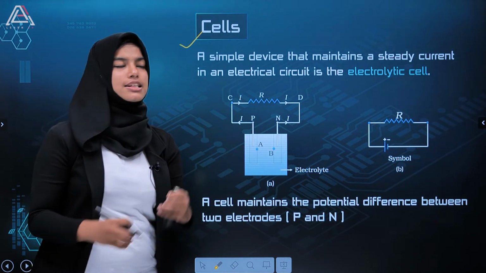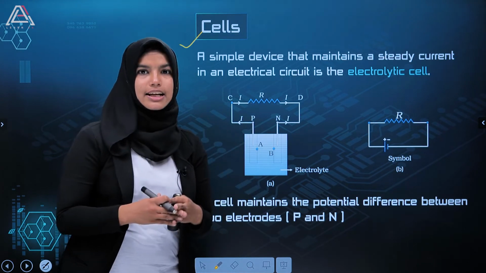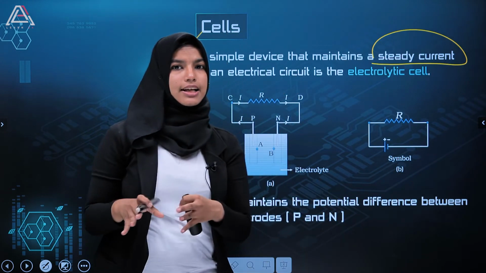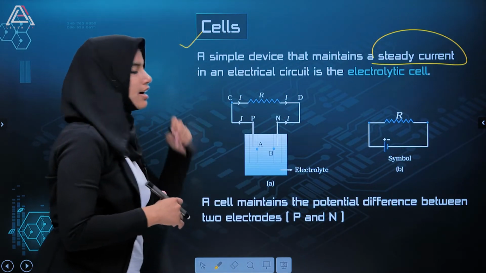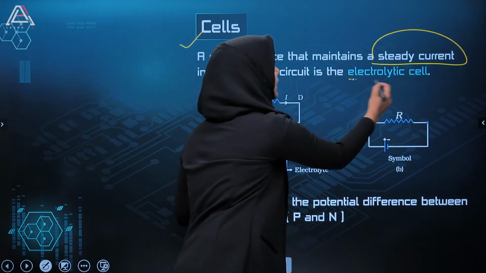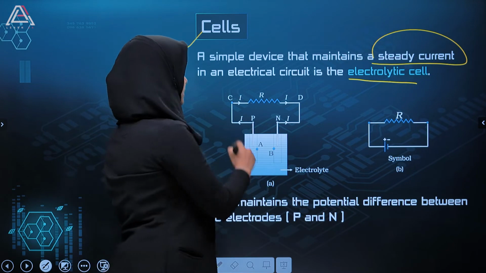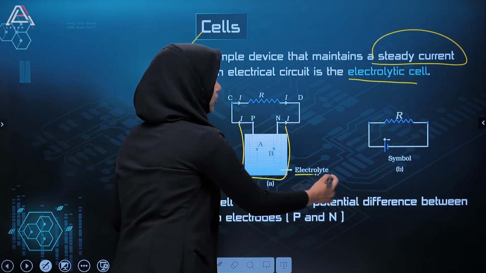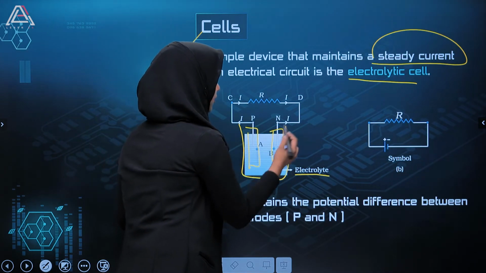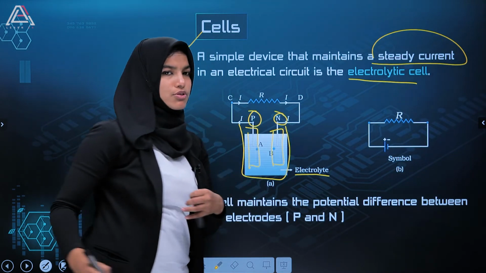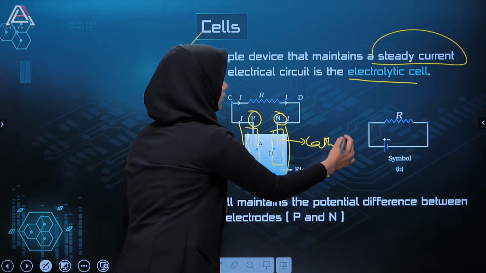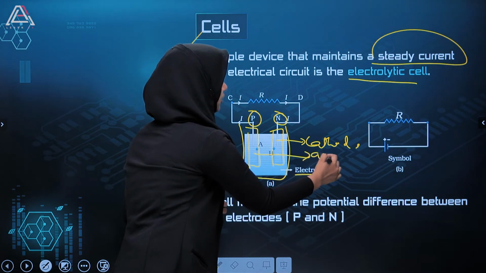A cell is the simplest device that is used in an electric circuit in order to produce a steady current. The simplest device can be represented as a cell, or we can call it an electrolytic cell. Electrolytic cells consist of a container with electrolyte solution. Two electrodes are present over here. One is negative and one is positive. The negative electrode is called the cathode and the positive electrode is called the anode.